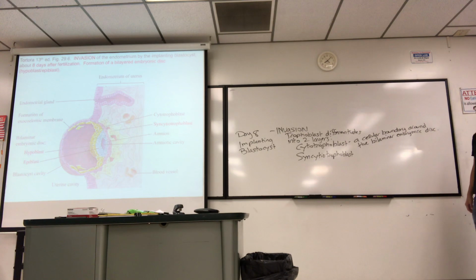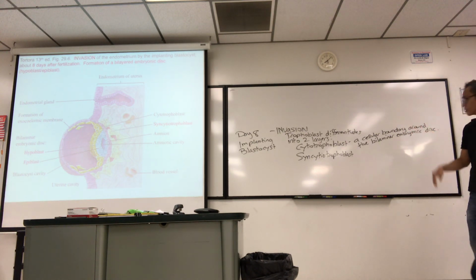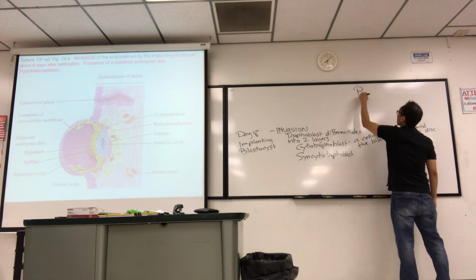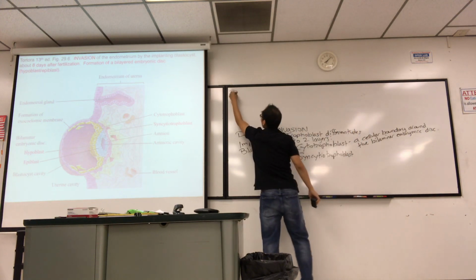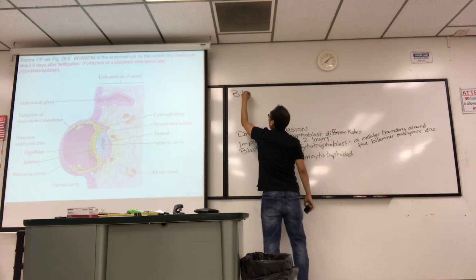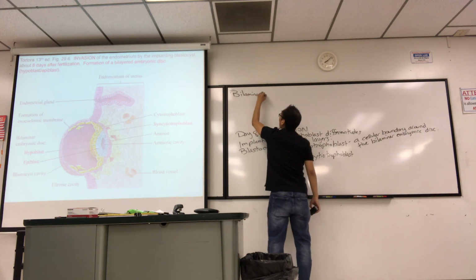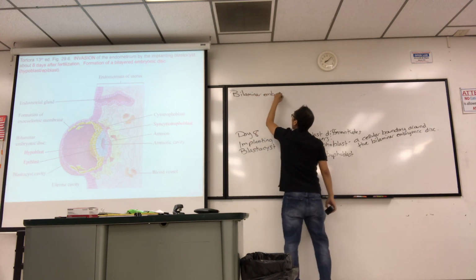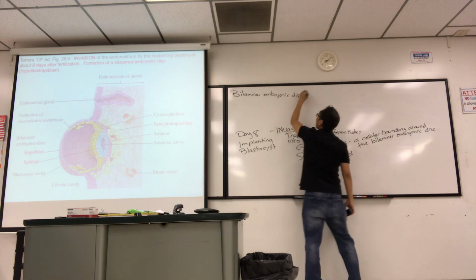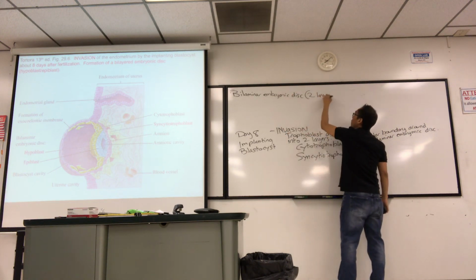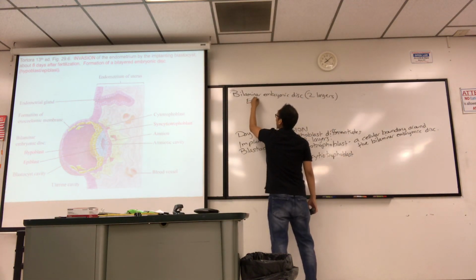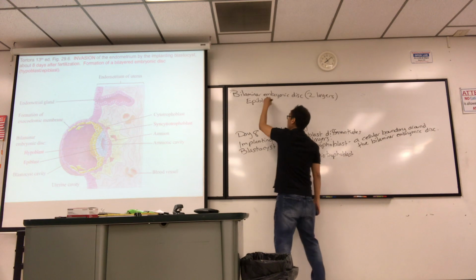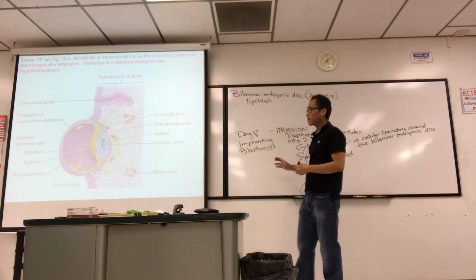The bilaminar embryonic disc, be able to identify both layers, epiblast and hypoblast. Let me go back to here. 2 layers, bilaminar, epiblast. Epi means overlying.